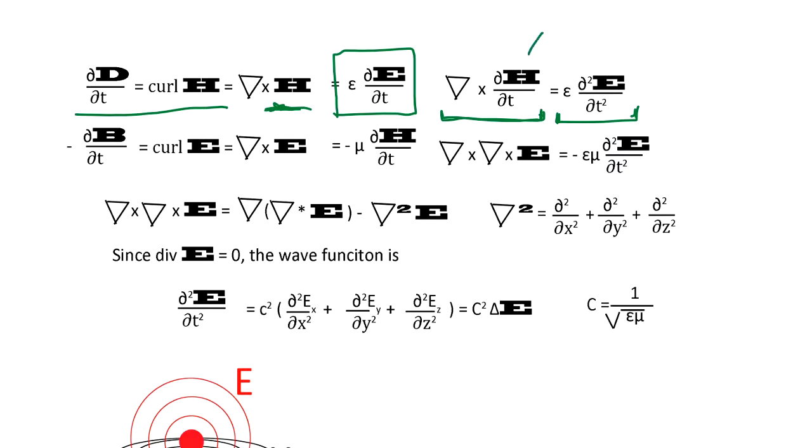Because we want to see the change of the magnetic field, because another Maxwell equation shows the time-varying magnetic field causes an electric field. So a magnetic field change causes an electric field.